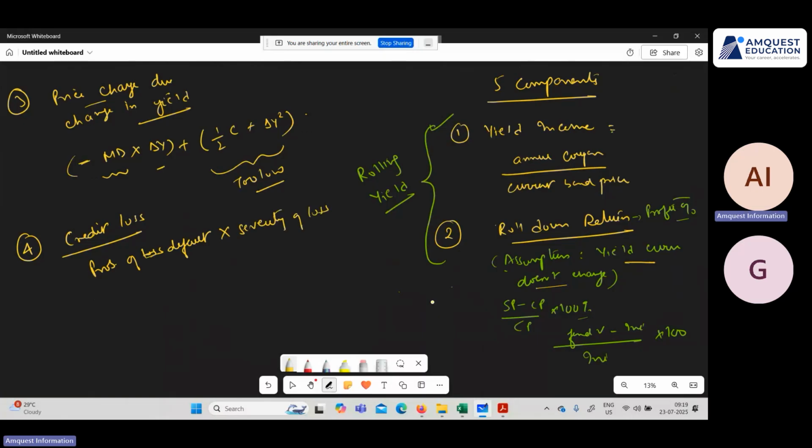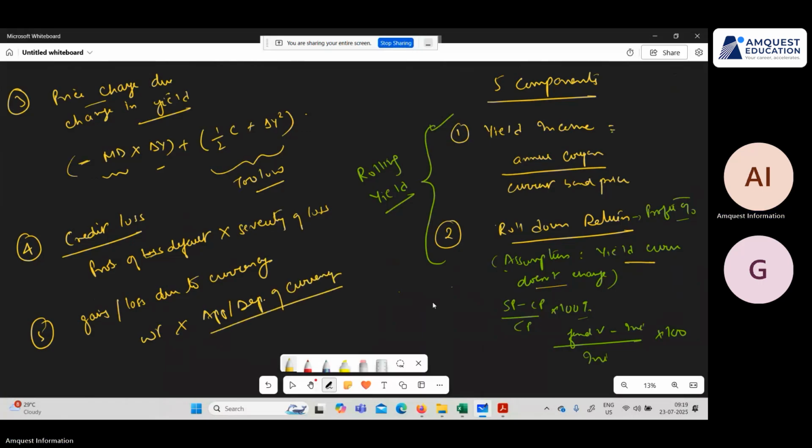And the last one is the gains or losses due to currency. Basically it is weight multiplied by appreciation or depreciation of currency. That is, how much weight of my portfolio was in the currency, and how much depreciation happened in that currency.